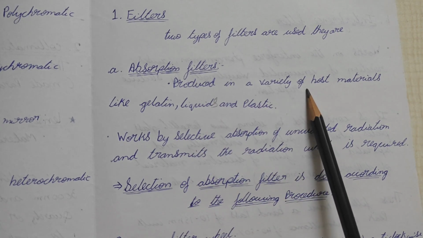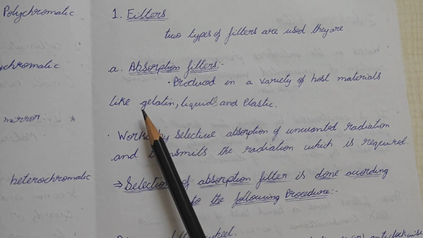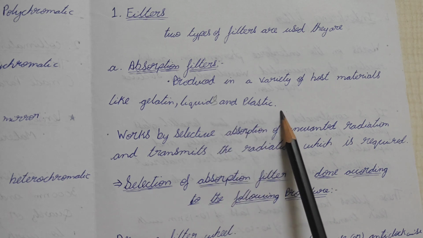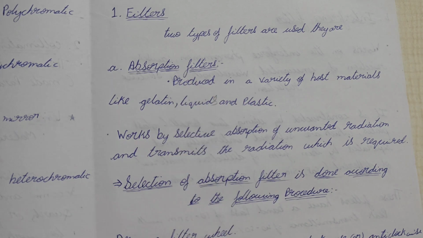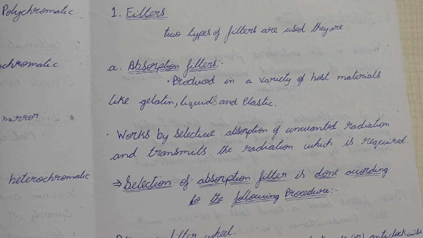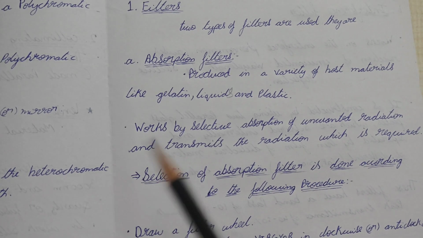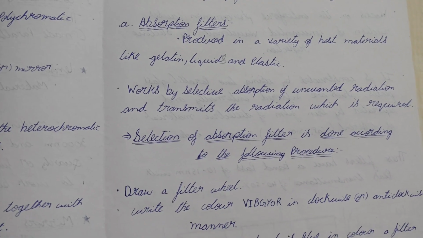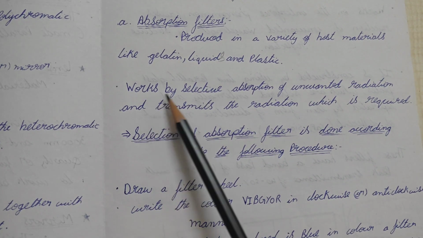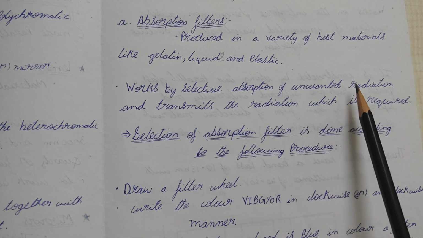Absorption filters are produced in a variety of host materials like gelatin, liquids, or plastic. These are the materials used for preparation of absorption filters. The basic principle of an absorption filter is that it works by selectively absorbing unwanted radiation.